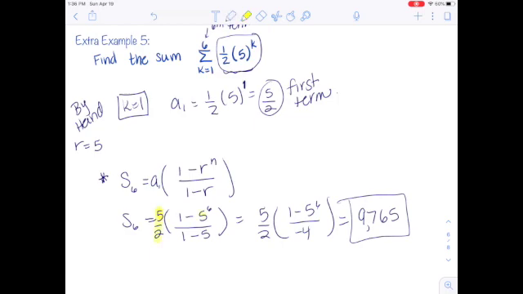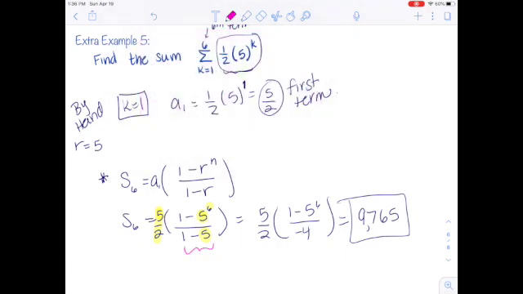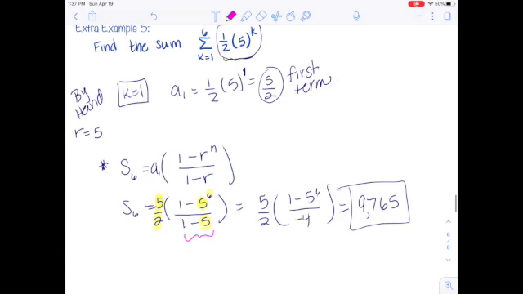You're going to plug in your r value, which is 5 in 2 places, and then your n value of 6, and simplify it down. Make sure you simplify this denominator before you enter it into your calculator, and you'll get a sum from the first term to the sixth term of 9,765. All right, and that completes this lesson.